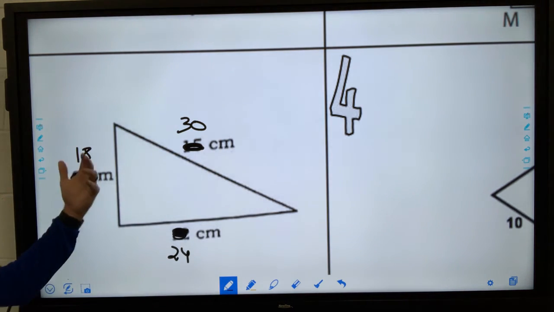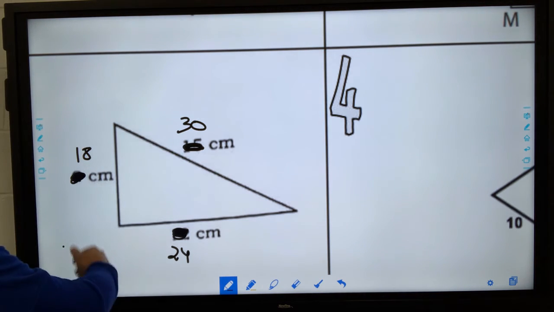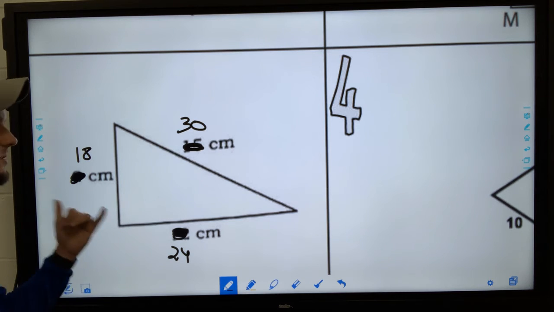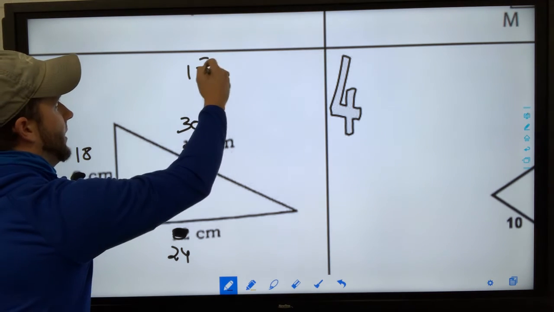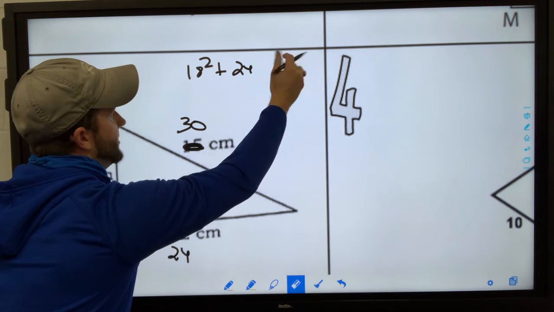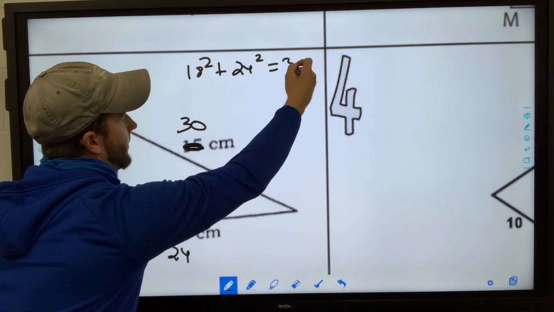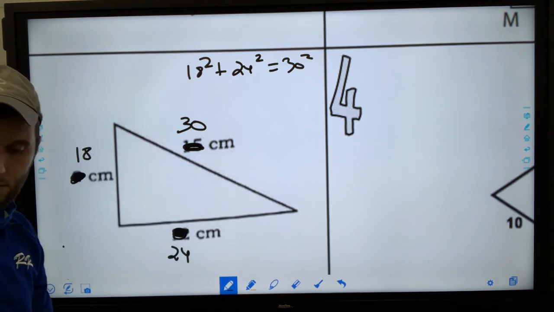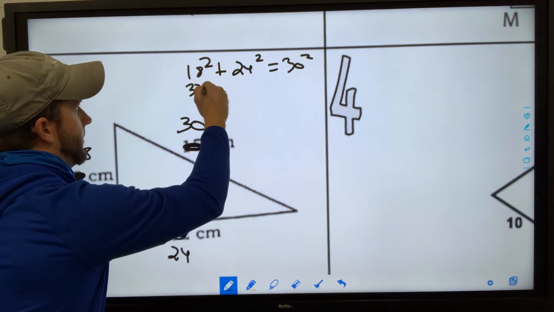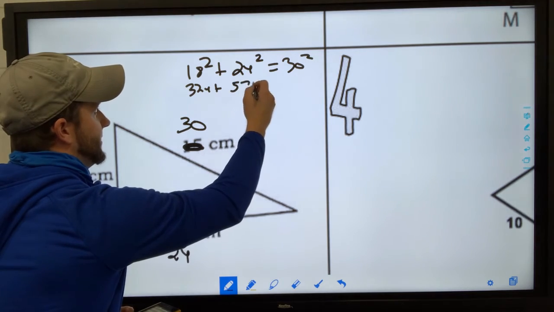Now I need to prove if this is a right triangle, and I'm going to use the Pythagorean theorem. I always know the longest side is your C value, and the other two are your A and B. So let's plug it in. A squared plus B squared equals C squared, which is 30 squared. 18 times 18 is 324. 24 times 24 is 576.